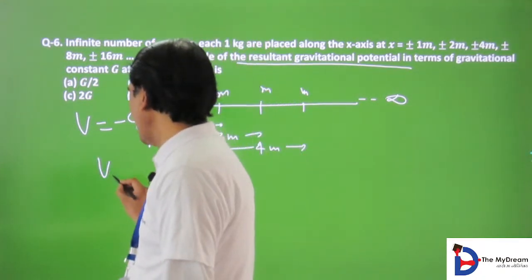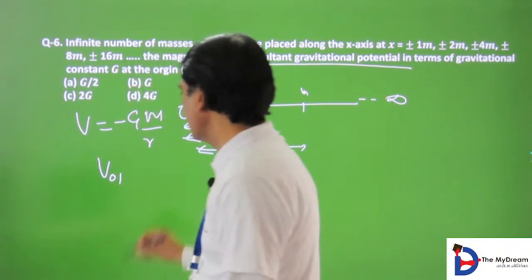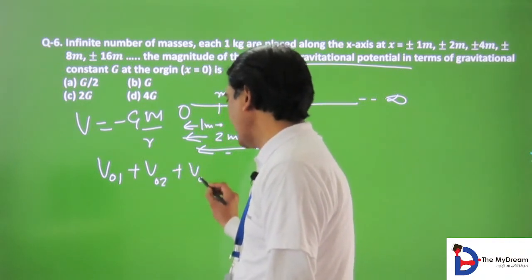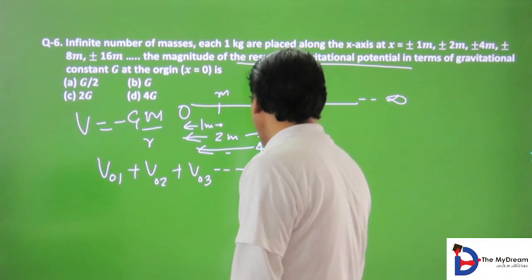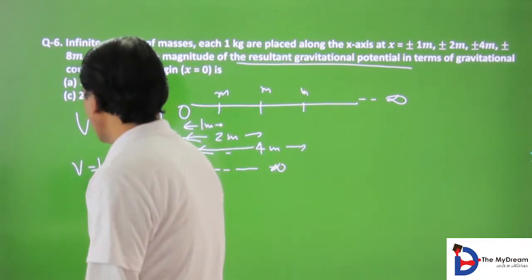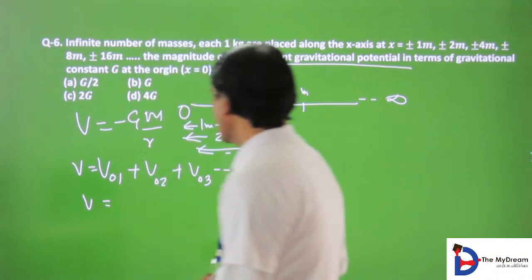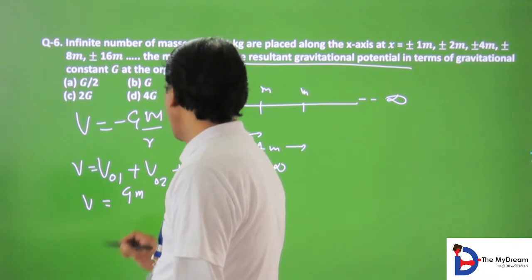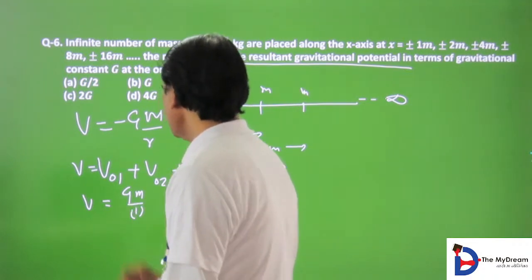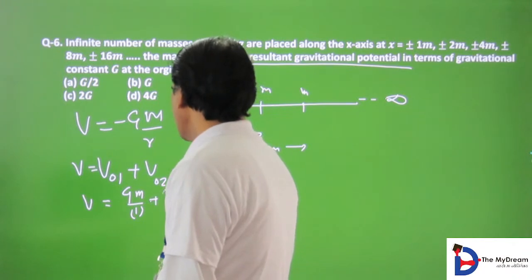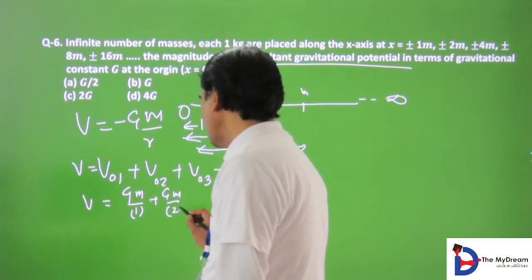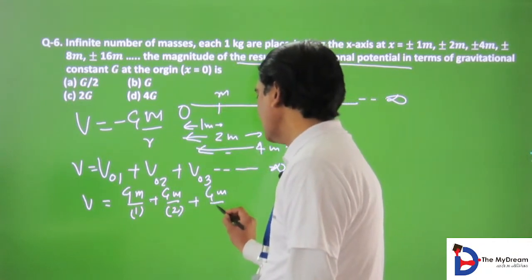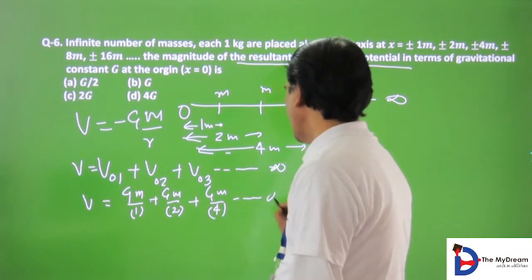So potential at O due to first, potential at O due to second, potential at O due to third, and so on up to infinity. So Gm by R of 1, Gm by R of 2, Gm by R of 4, up to infinity.